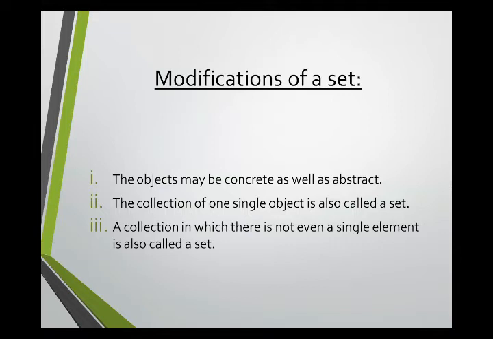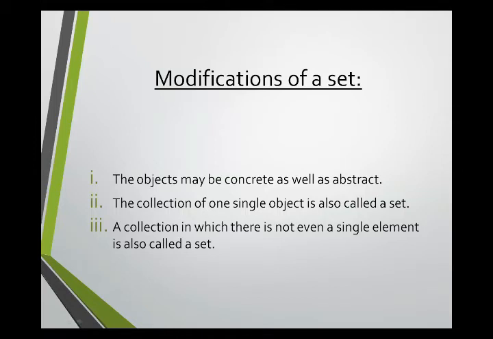Now the second one is that a collection of one single object is also called a set. For example, the set of cities which are the capital of Pakistan. You already know that this set contains only one member, that is Islamabad. Similarly, the set of months of the Christian calendar having 28 days. This set also contains only one element, that is February.